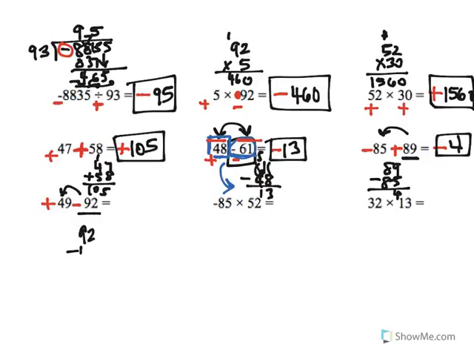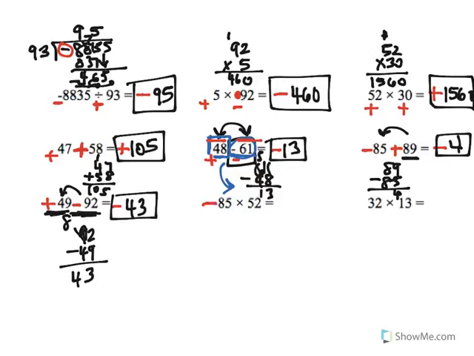So, I do 92 minus 49. And I get 43. What is the sign? This one is smaller than this one. So the answer will be negative 43.